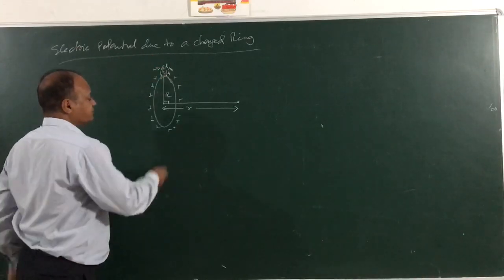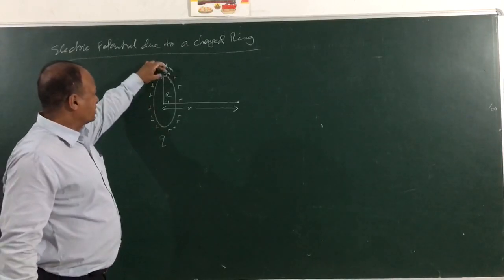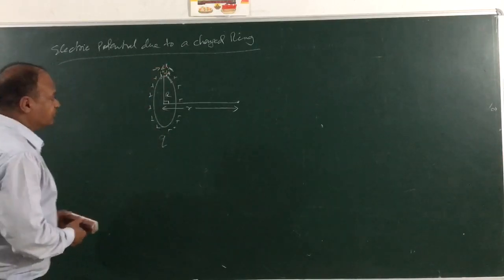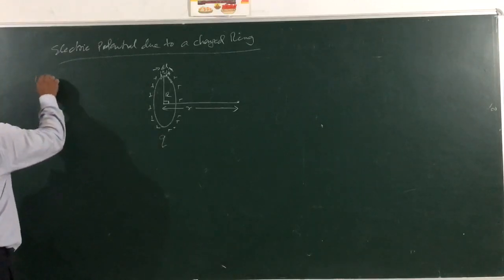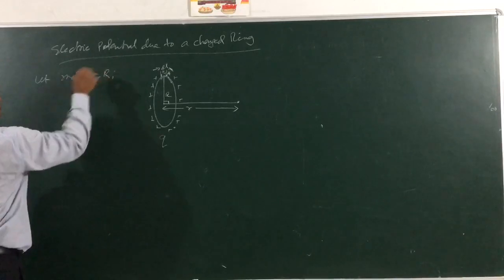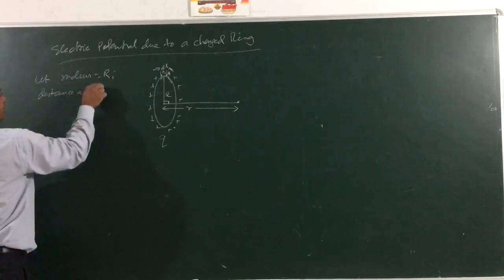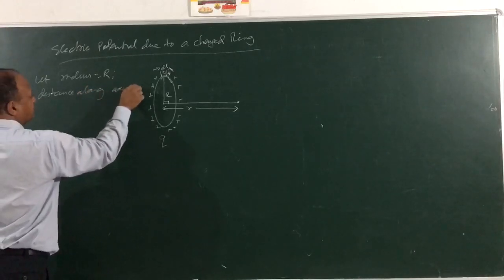Total charge is Q, and I'll assume the charge on this length dl is dq. So let radius be equal to R, distance along axis equal to small r.